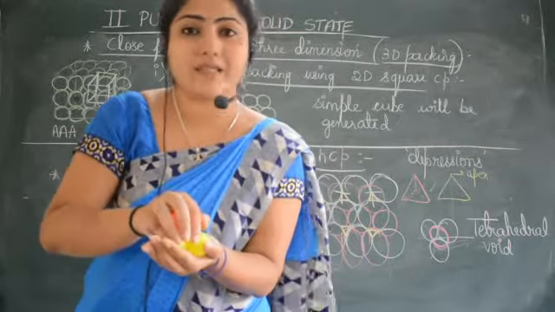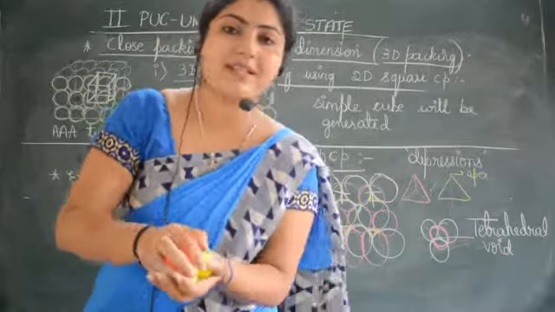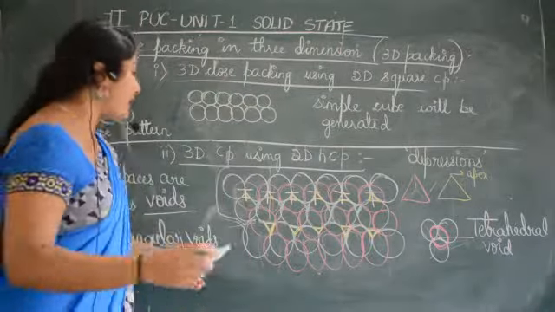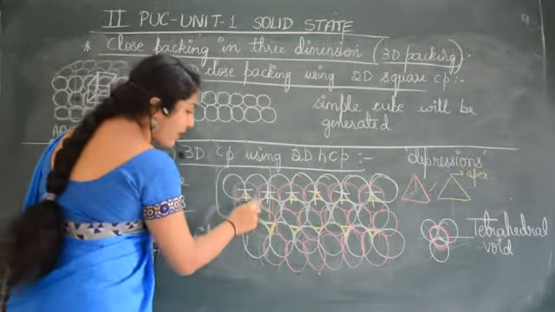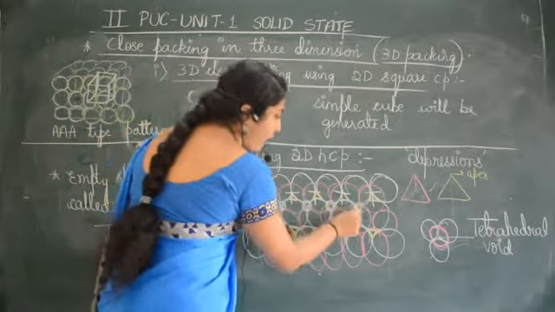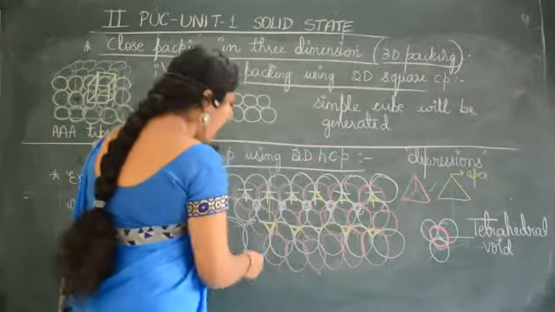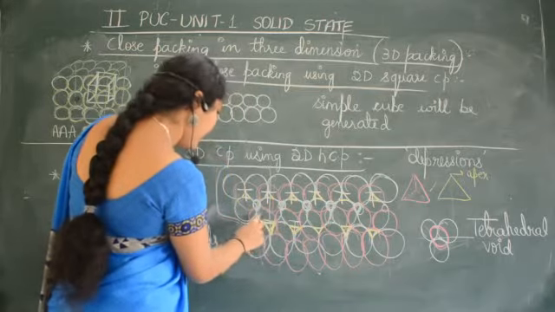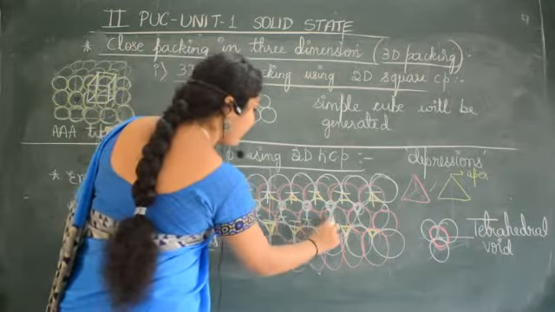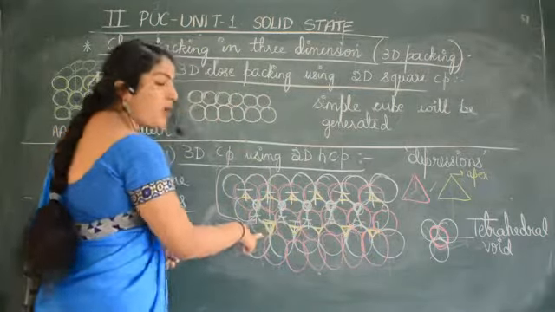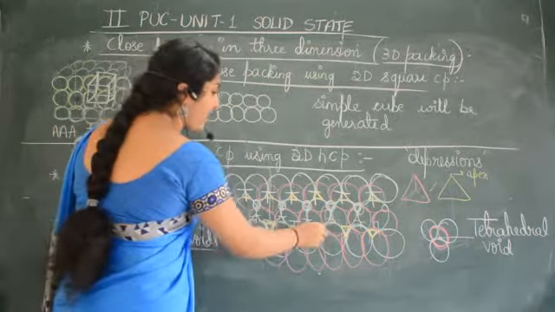So total 6 spheres, and between this there forms a void. That void is called an octahedral void. Again here tetrahedral void, and the triangle facing downwards will constitute 6 spheres, which is an octahedral void.